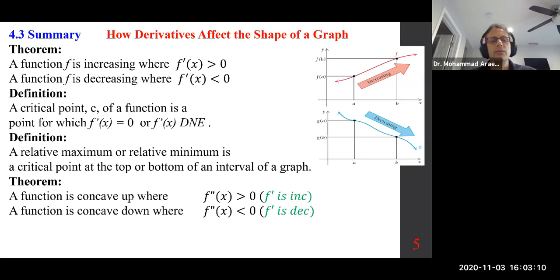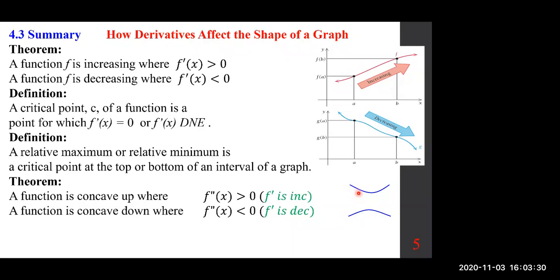And when f double prime is positive, meaning f prime is increasing, we have a concave up, otherwise it's concave down. If you look at the concept and the graph of a concave up, you'll see what happens here as an example. If you were to draw a tangent line, you would have a negative value, okay?